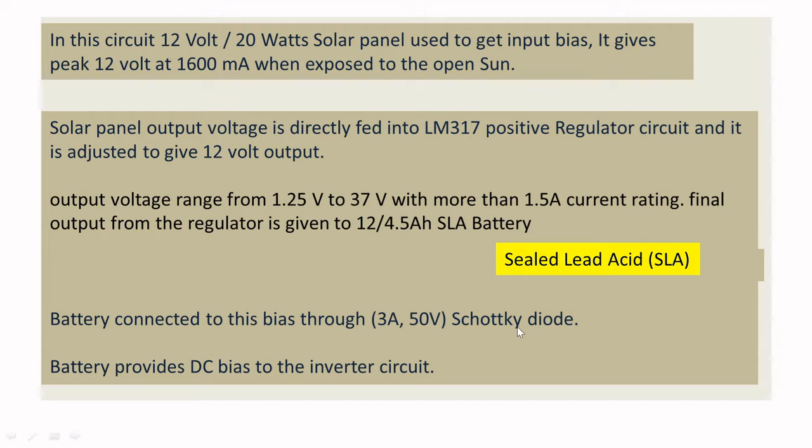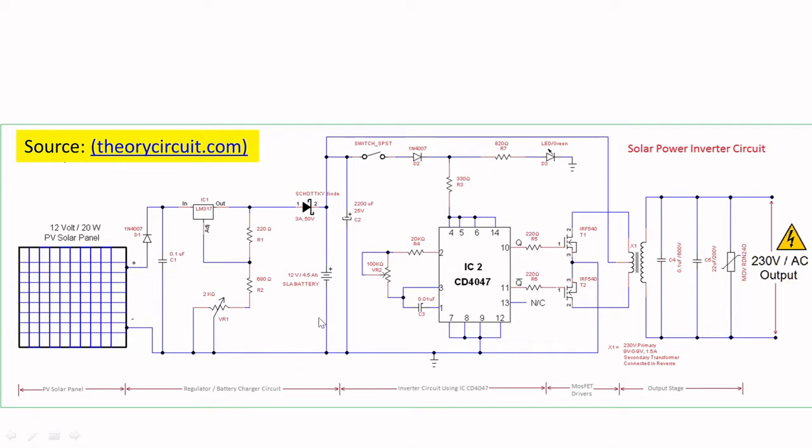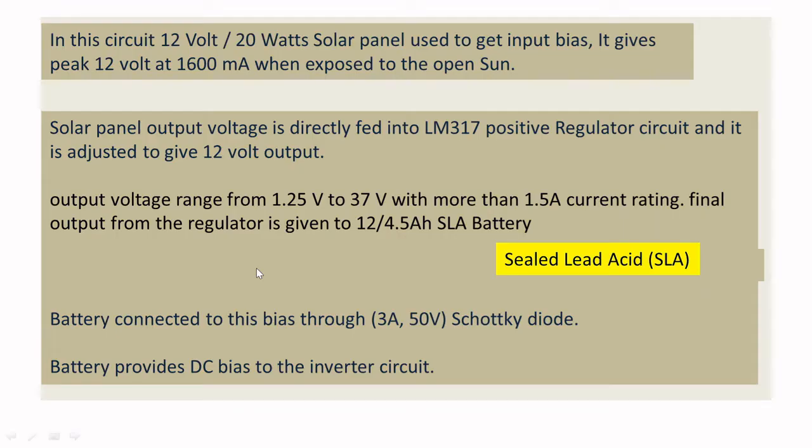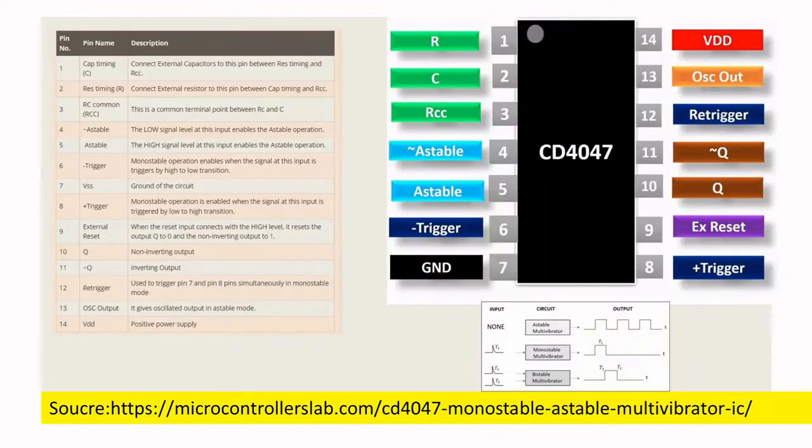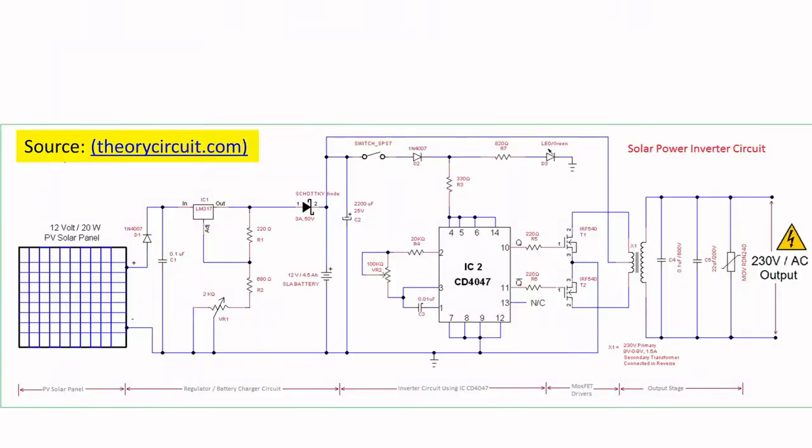By adjusting the values, I can change the output voltage of the regulator from 1.25 to 37 volts. The battery is connected via a Schottky diode, and the DC bias to the inverter circuit comes from the battery. You can clearly understand this from the circuit, right? So the DC bias to the inverter circuit is via this battery.